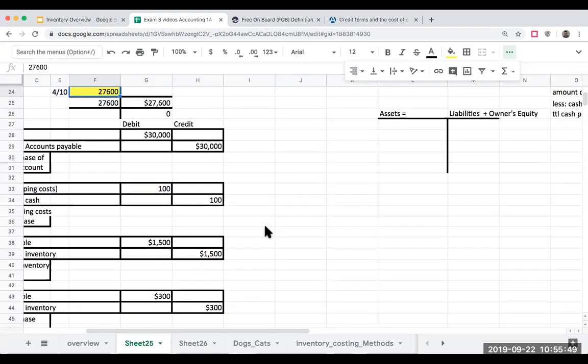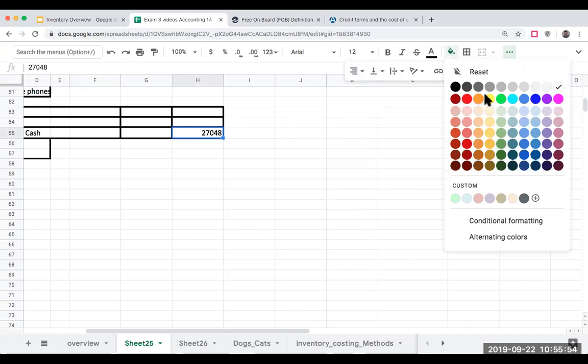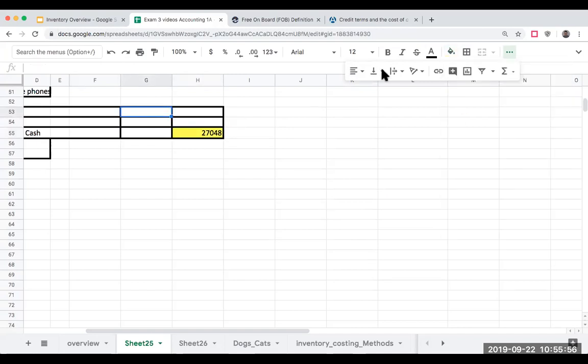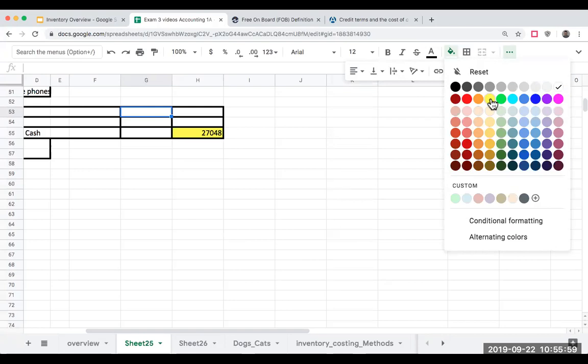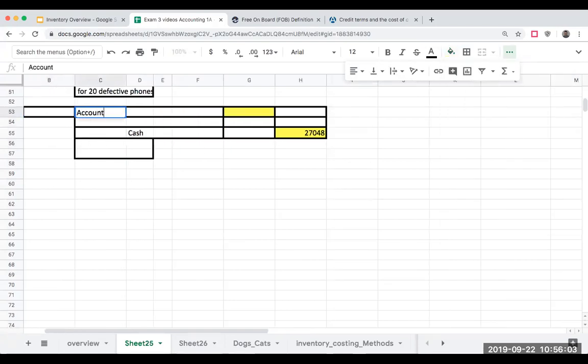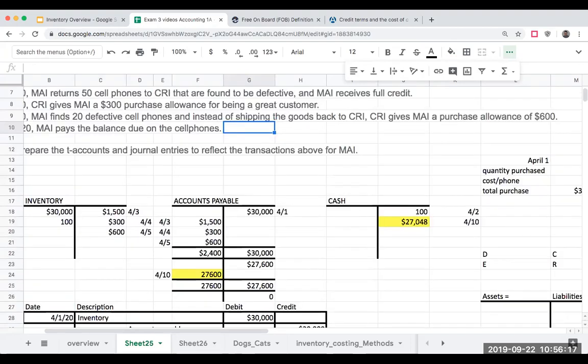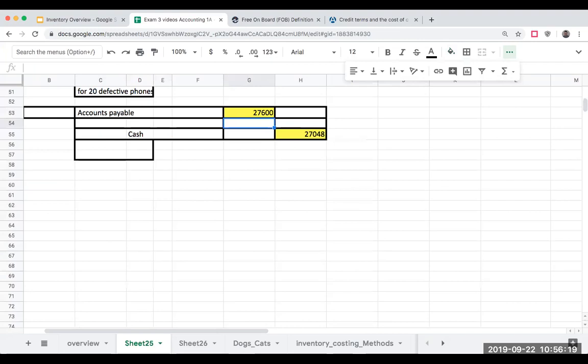So right over here, I'm going to be debiting accounts payable, or decreasing my liability, for a total of, sorry, it's 27,600. There we go, 27,600. Sorry.